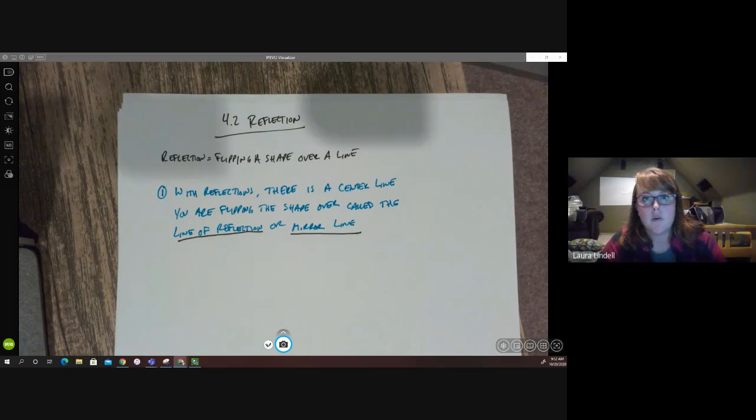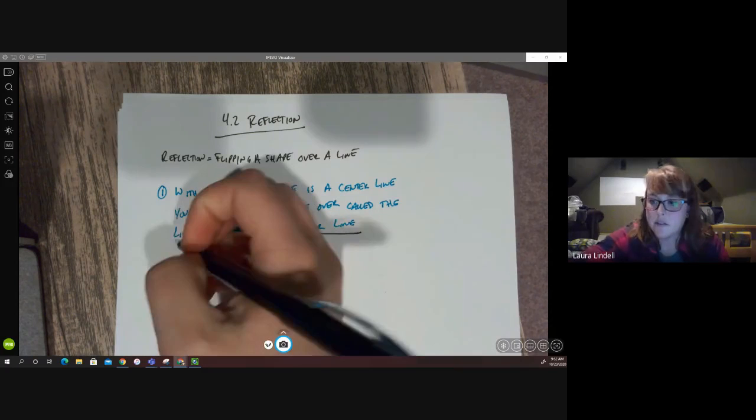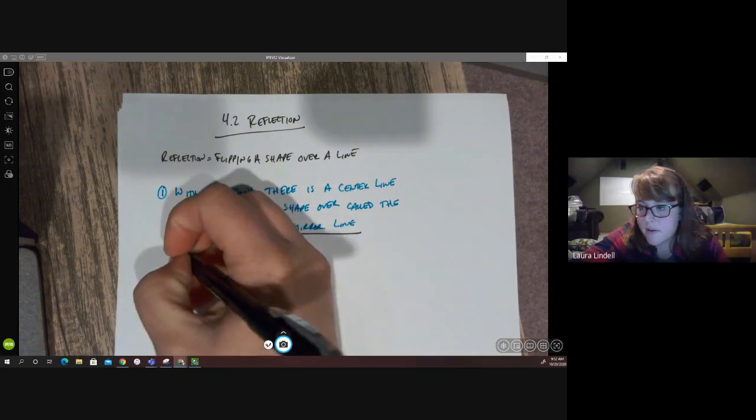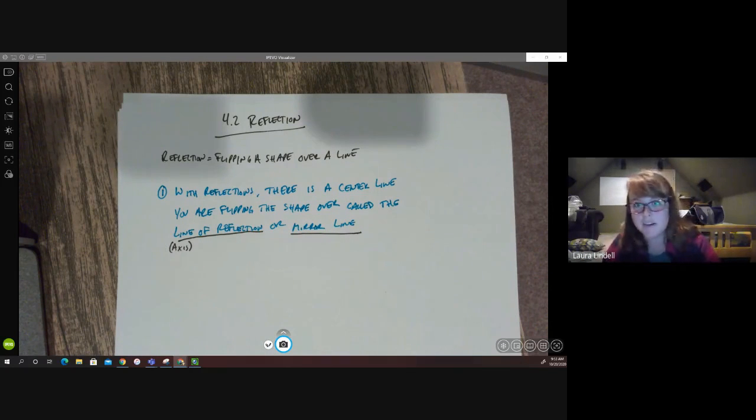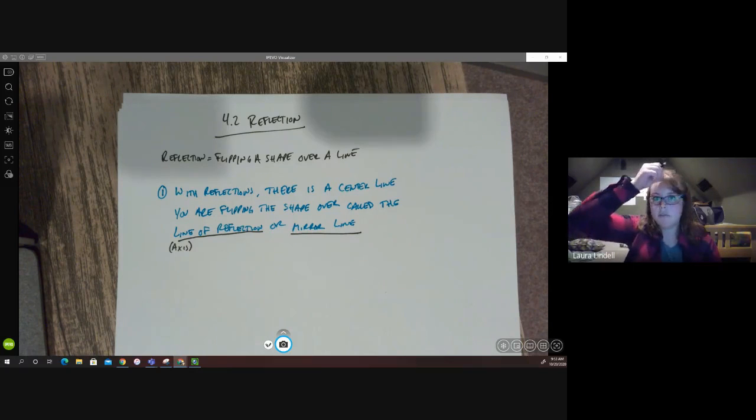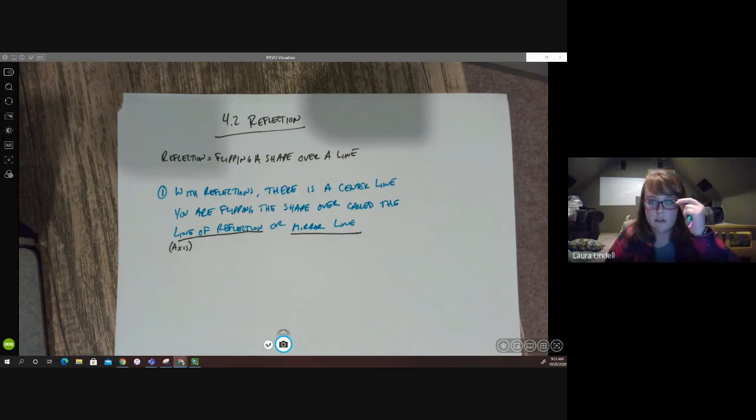Or sometimes it'll also be called the axis of reflection. So line of reflection, axis of reflection, mirror line, those are all vocab that you might see regarding reflections.